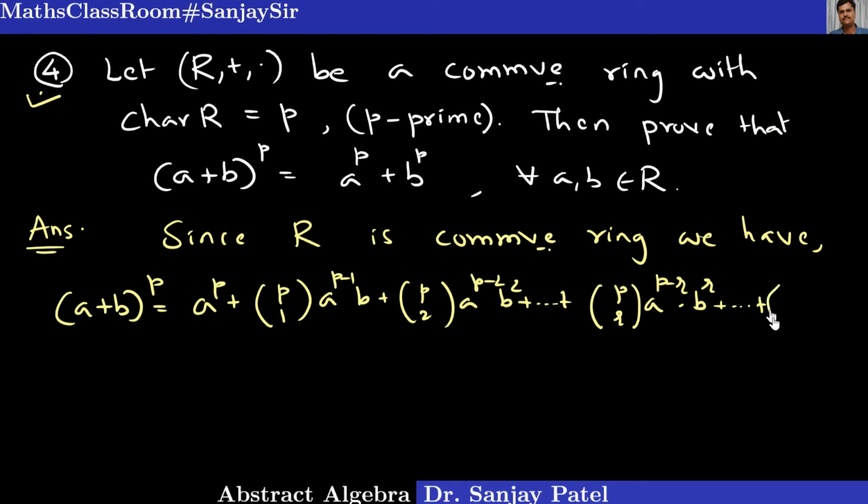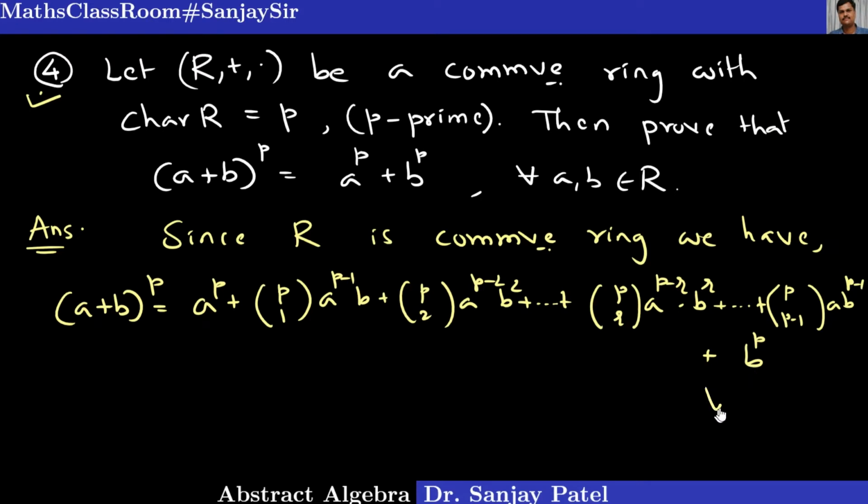plus the last but one term is pC(p minus 1), a into b raised to p minus 1, this is not r, this is a into b raised to p minus 1, and finally in the last step you will get b raised to p.